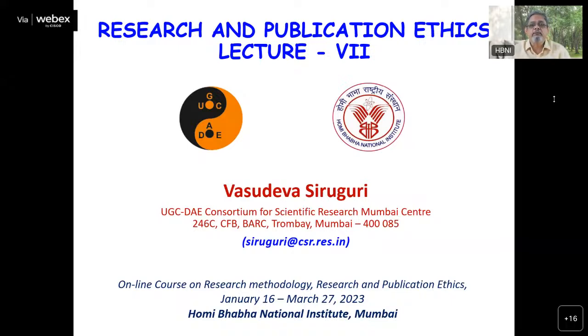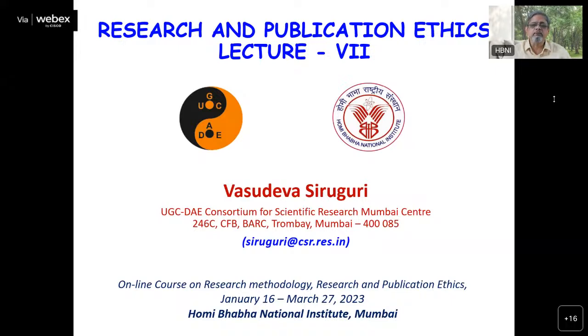Last lecture, you heard about redundant publications, selective data reporting, and data misrepresentation. I showed you examples of each of these scientific misconducts, and I also described what salami slicing is, and duplicate publications.